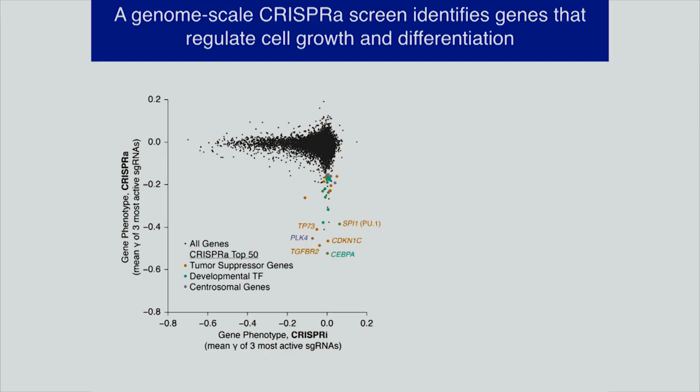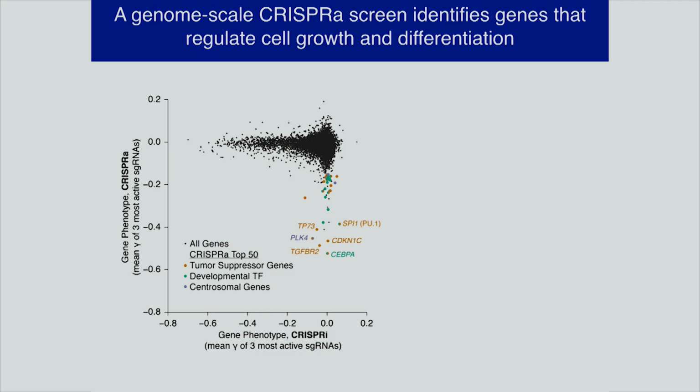Then we did the same exact growth screen using CRISPR-A. And so now each dot is a gene level view, averaging the most effective sgRNAs for CRISPR-I and CRISPR-A. CRISPR-I is on the x-axis, and this is the same depletion of ribosome and DNA replication genes that we expected. And we can see immediately that what kills cells when overexpressed is completely orthogonal.